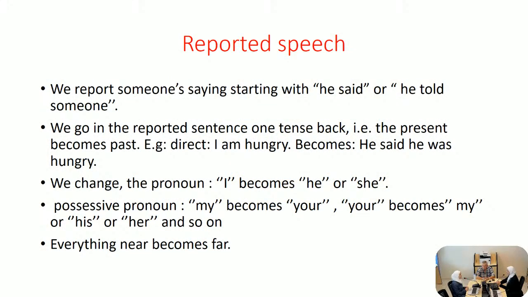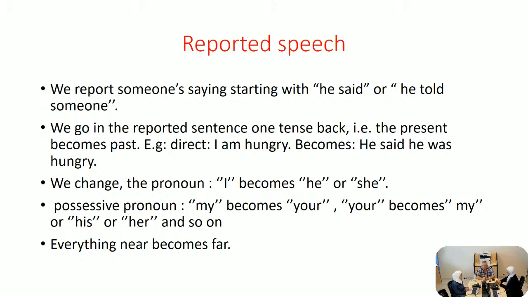When we report someone saying, we start with he or she said or told someone. In the reported sentence, we go one tense back. The present becomes past. Example, I am hungry. This is a direct sentence. It becomes he said he was hungry. The verb is am. It becomes was in the past. We change the pronouns.